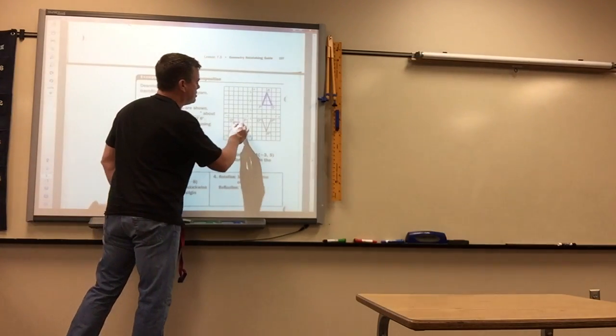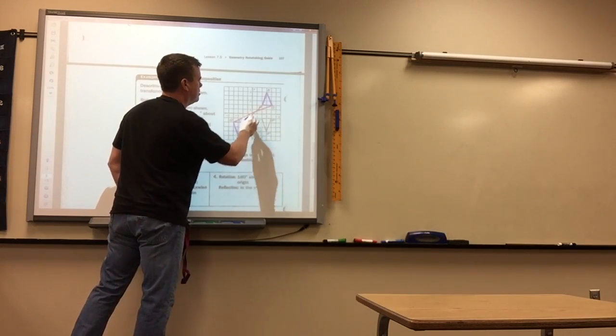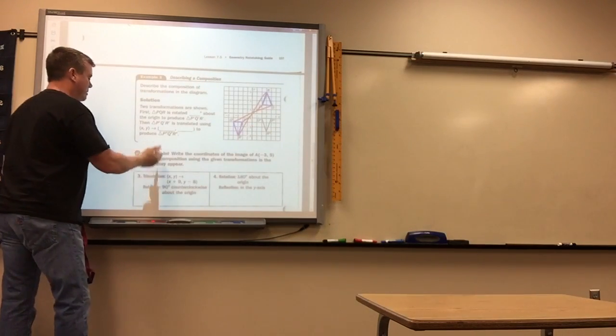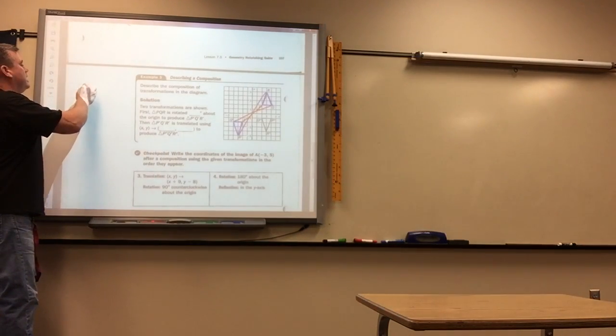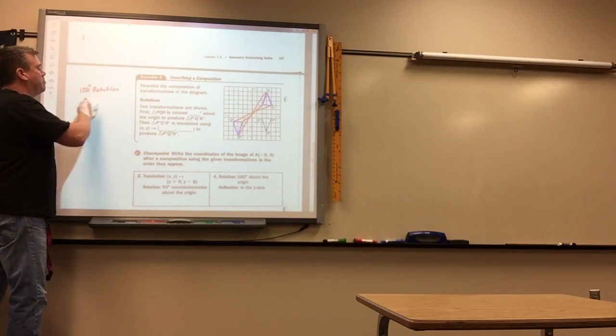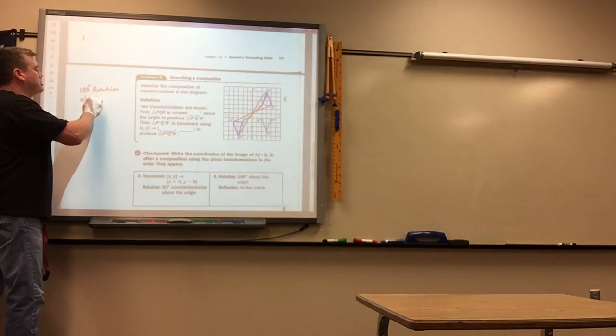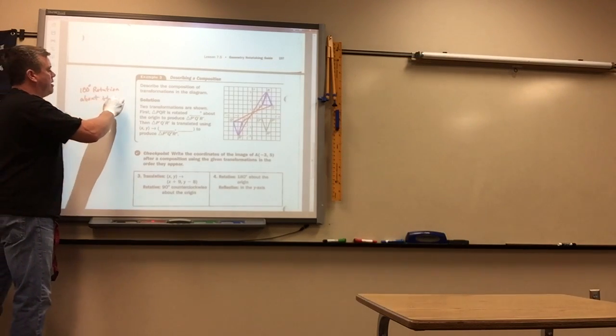Remember the way you check is if you connect the points. It is a 180. Let's write it over here. 180 degree rotation. And you got to say about what point. Where does it rotate it around? The origin.